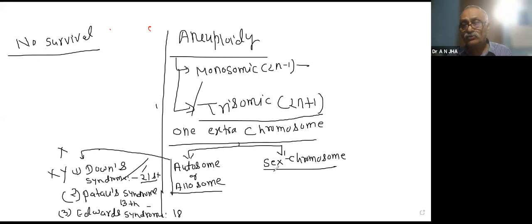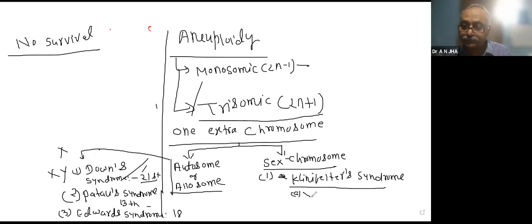When the sex chromosome is involved, it is called Klinefelter's syndrome, in which, in your 12th you will get only one, that is XXY. Here one sex chromosome becomes extra, but it could also be XXX.